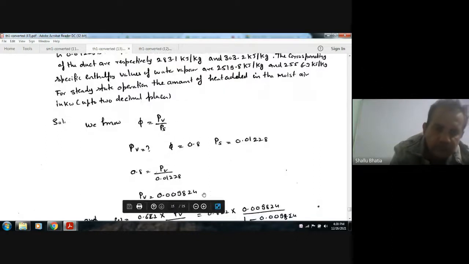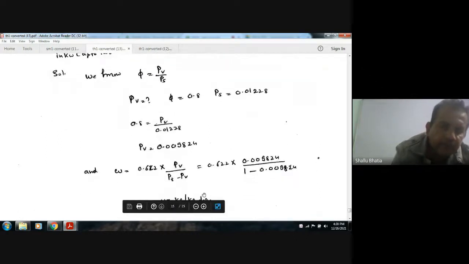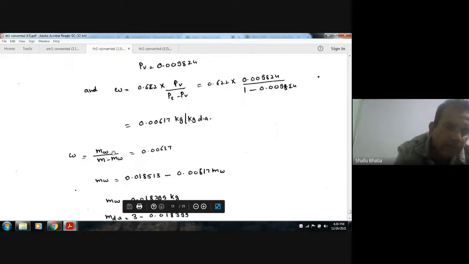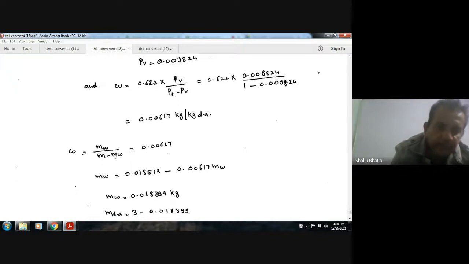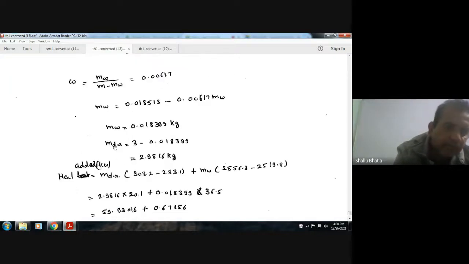After knowing P_v, we can use this to get omega. Omega is nothing but m_w by m dry air, where m dry air is m minus m_w, and m is 3 kg. So you can find out m_w, and after that you can find out m minus m_w, that is m dry air.